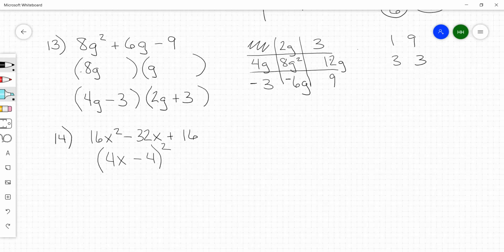You could also factor out a 4 at the beginning of this. If you take a 4 out, no, you can take more than that out. You can take a 16 out. So if you take a 16 out of here, you get x squared minus 2x plus 1.